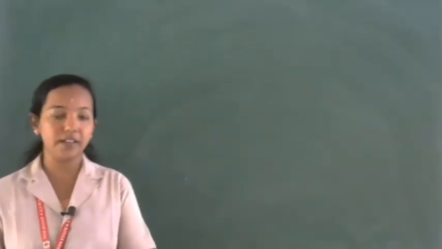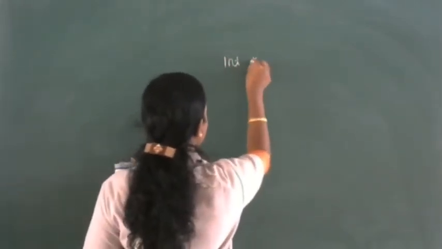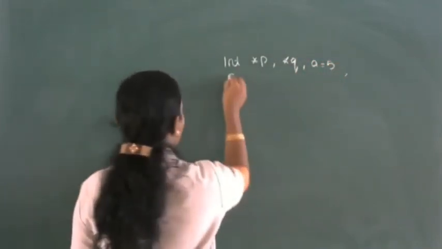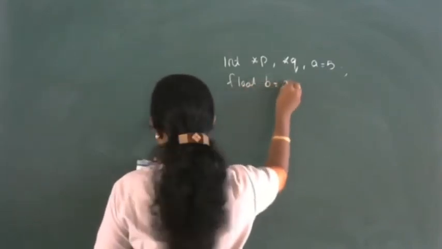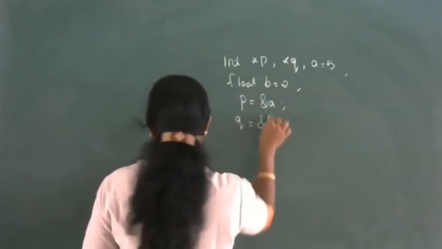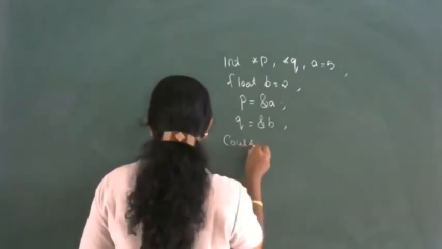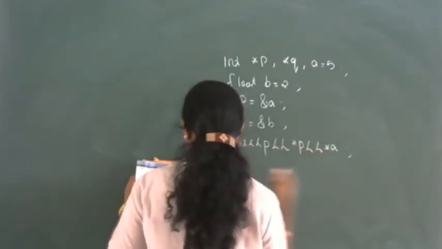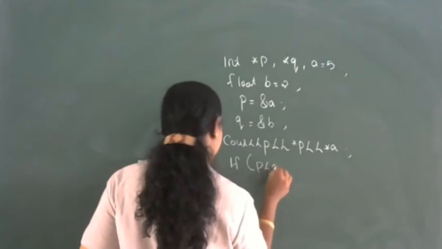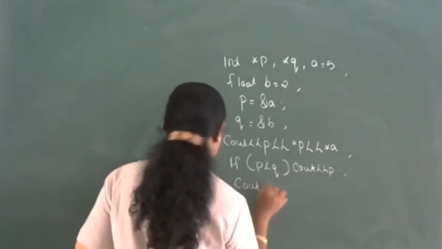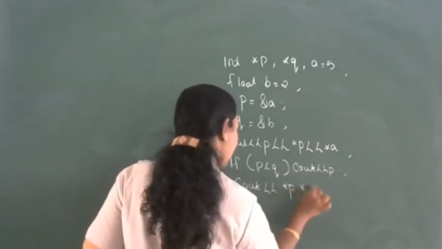Then another question. It also contains some programming terms. So I will write like this. int *p, *q, a = 5; float b = 2; p = &a; q = &b; cout << *p; *a; if (p < q) cout << p; cout << *p << *a.